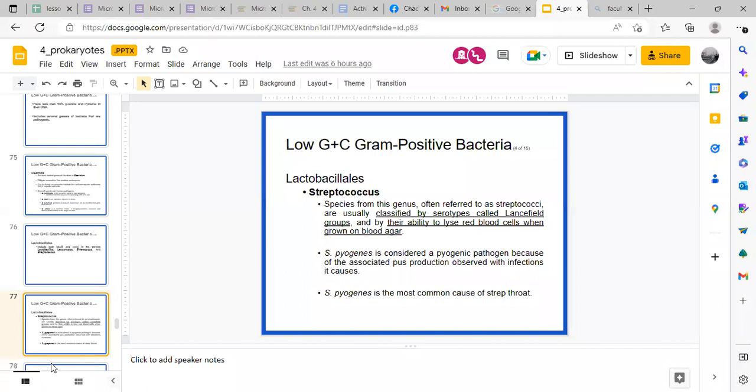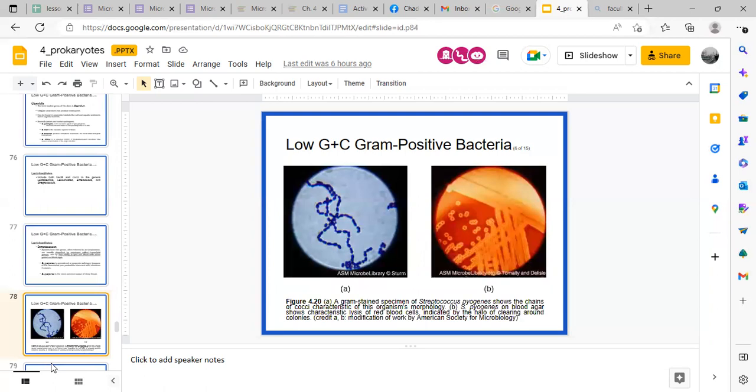One of the species under this genus is S. pyogenes, which is considered a pyogenic pathogen because of the associated pus production observed with the infection it causes. It's the most common cause of strep throat.